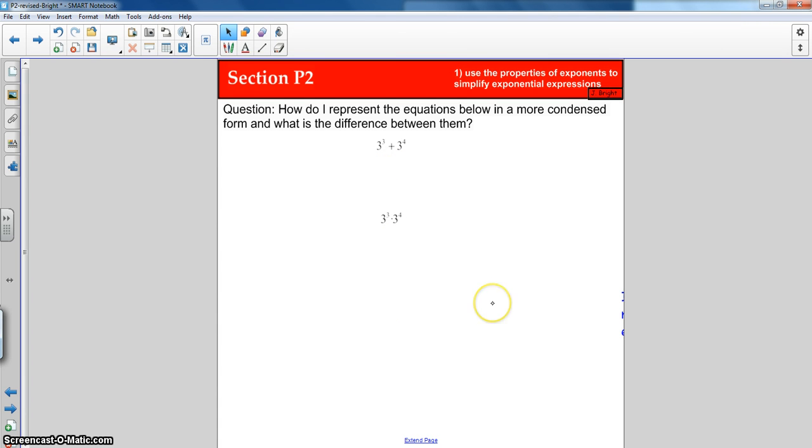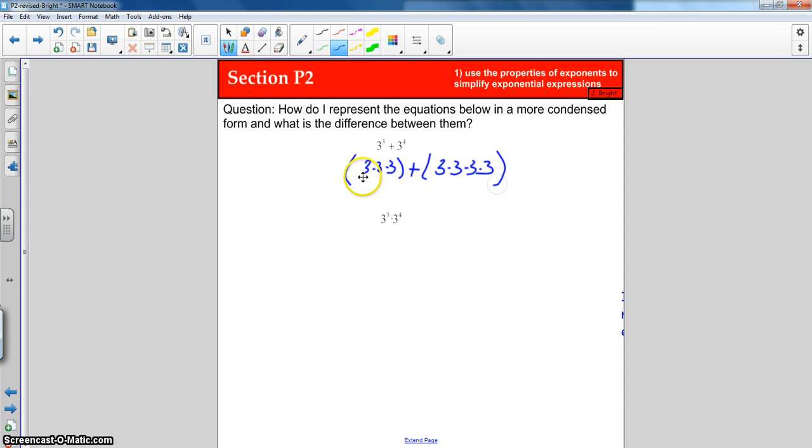So let's look at the difference between these two expressions. 3 to the third, well, what does that mean? If I write this out, I have 3 times 3 times 3, that's this chunk, and then I have an addition sign, and then 3 to the fourth, I can represent that as 3 times 3 times 3 times 3.